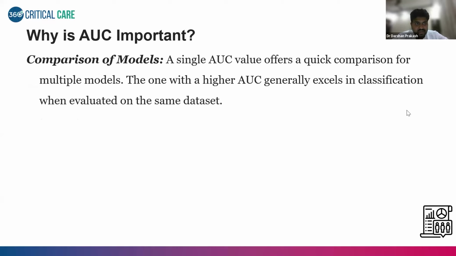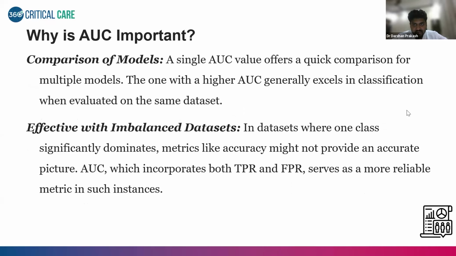The other important thing is in data sets where one class is significantly dominating, especially when accuracy metrics are not reliable, the area under the curve, which incorporates the true positivity and the false positivity, becomes a more reliable metric for us to come to a conclusion. This is something that we need to know.